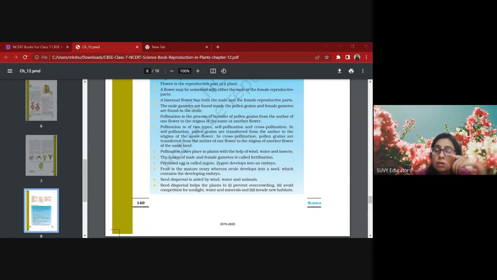Now the question arises: how will this male gamete, pollen, reach the ova? For the fusion, it is necessary that they meet. They will meet by the process of pollination. Pollination means the transfer of pollen grains from the male reproductive part, the anther, to the stigma, the female reproductive part.